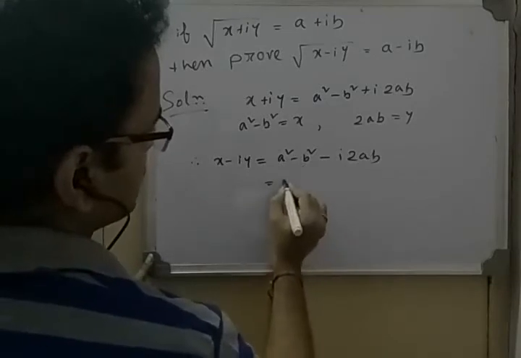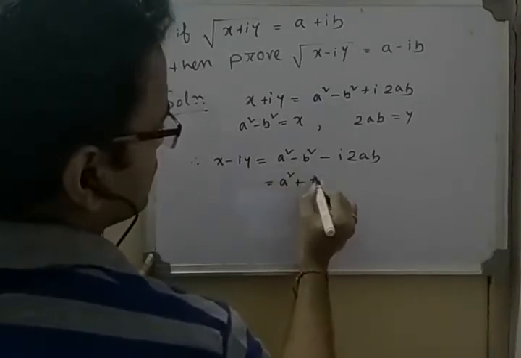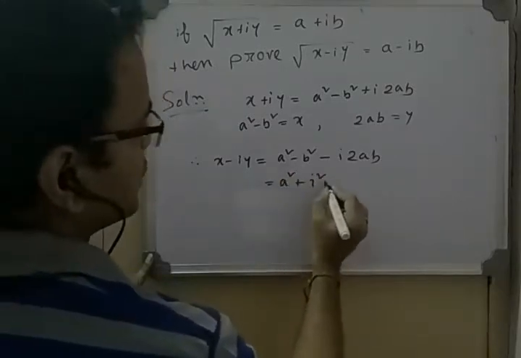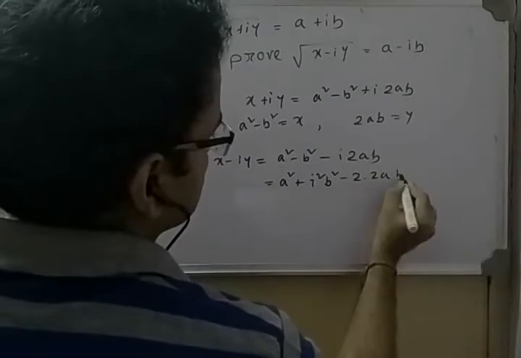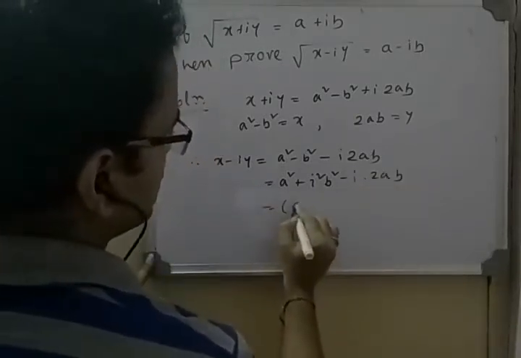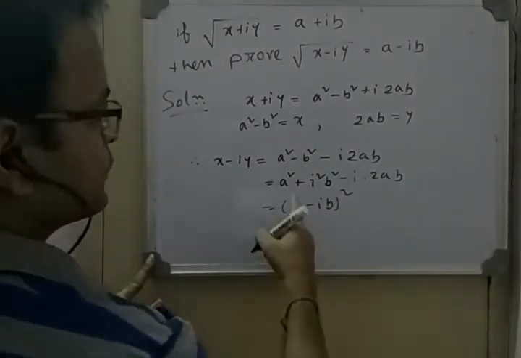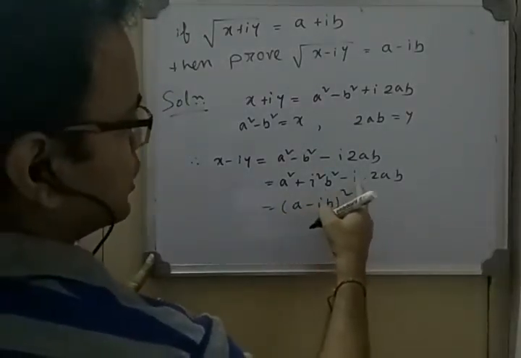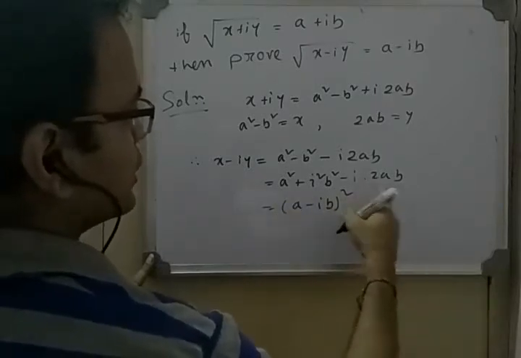Again this is what? Minus 1. So instead of minus, I will write i square. So this is again a minus ib whole square. A square plus b square minus 2 into a and ib.